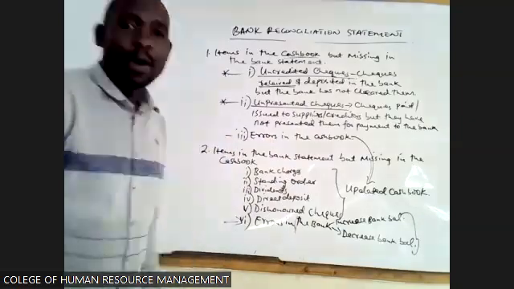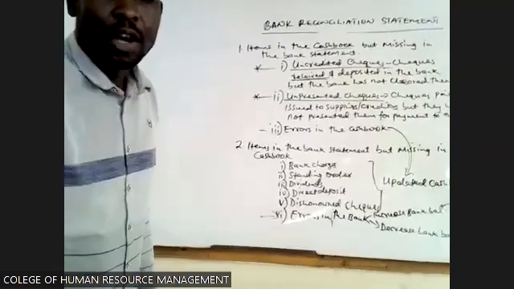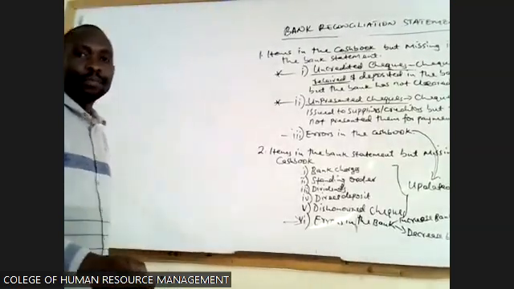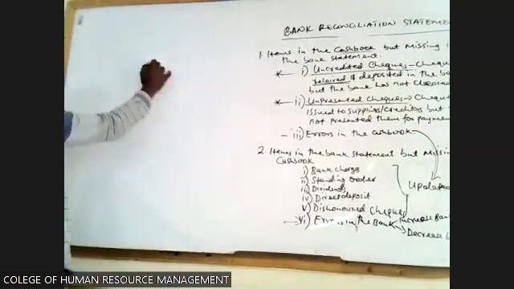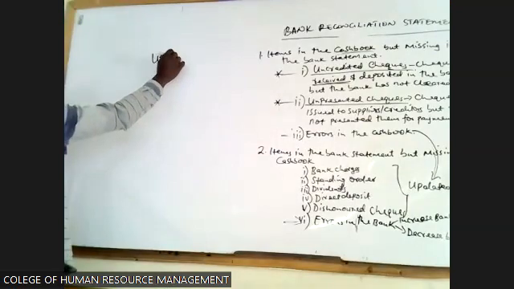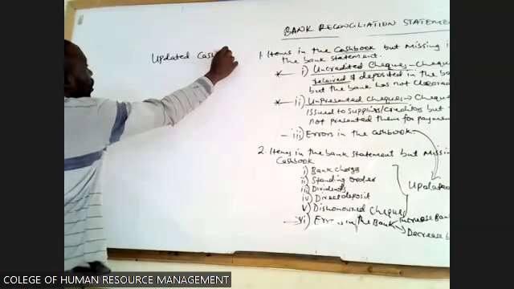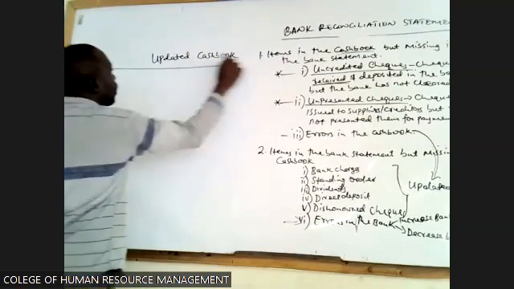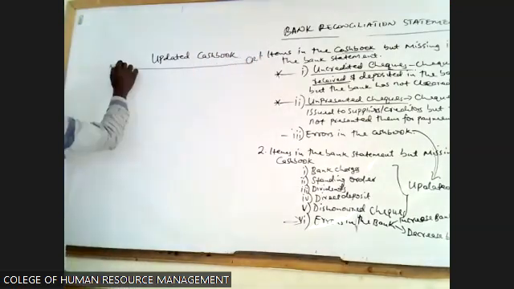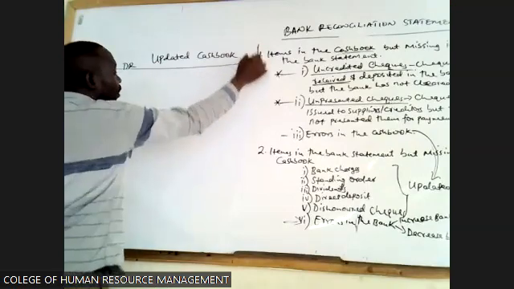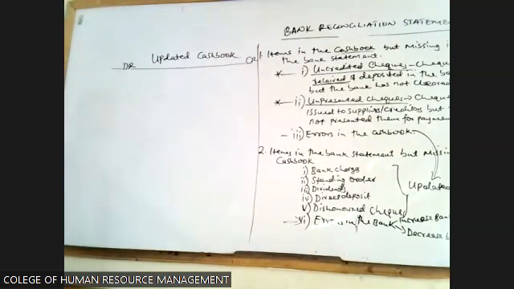Up to that point, I want to summarize this introduction part by this. For the updated cash book, we normally use a simple T account.